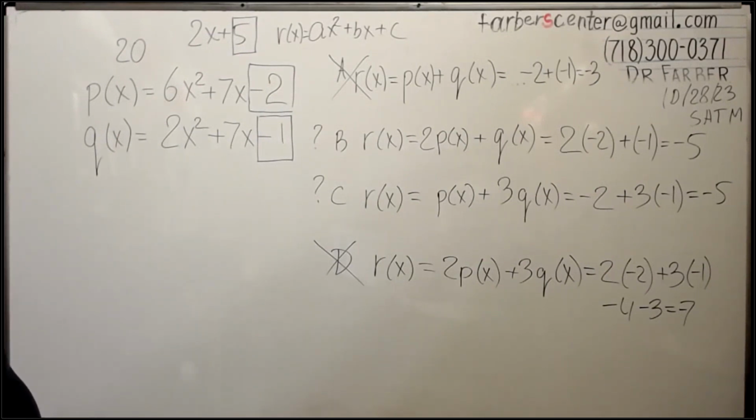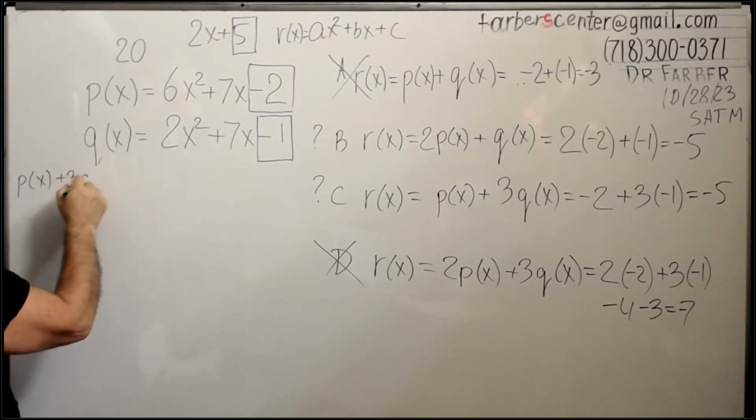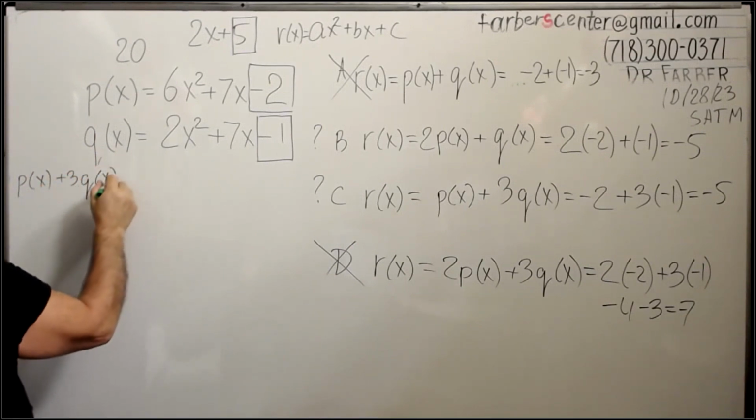Any of these. For instance, p of x plus 3q of x. What we have? P of x, I write here, small letter, plus 3q of x. I check one of these.